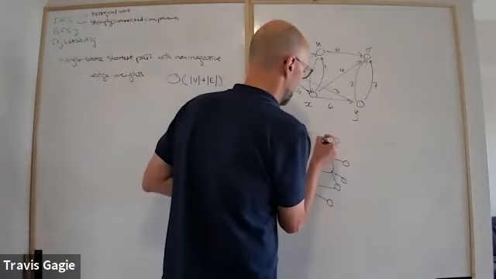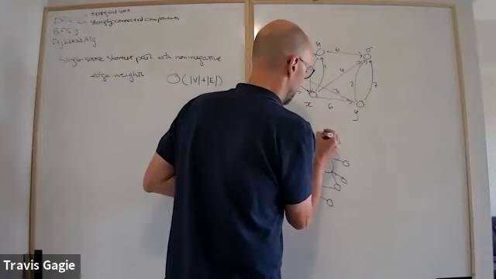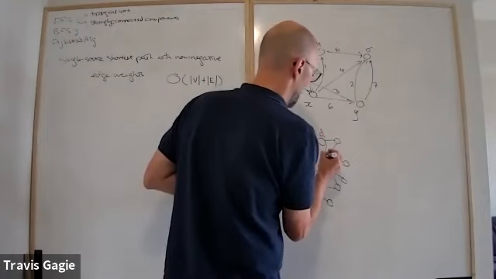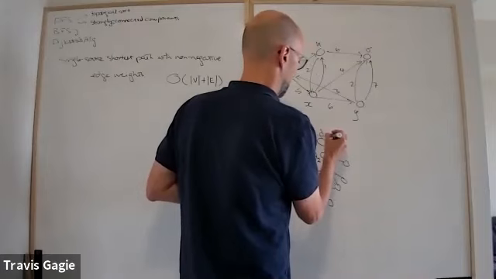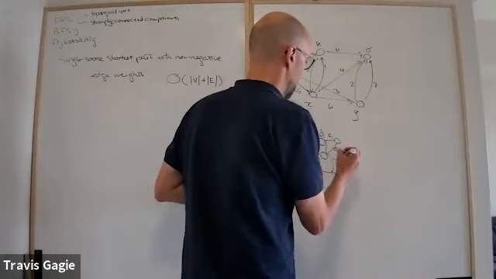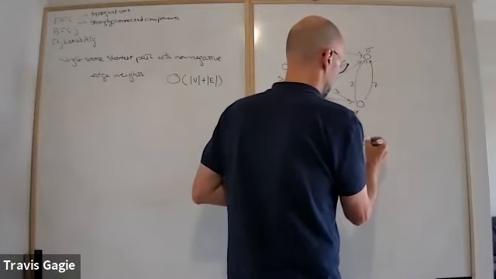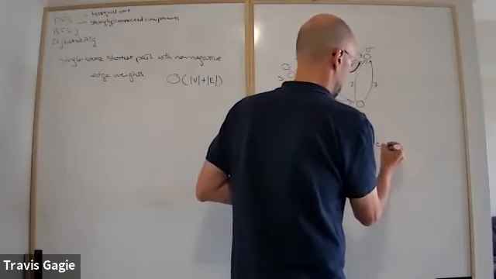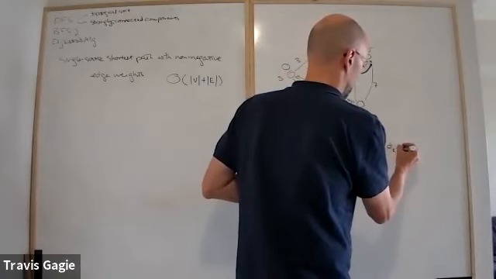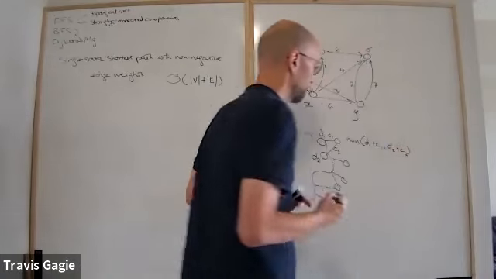If you can get to this with distance d1, and this with distance d2, and the edge costs are c1 and c2, then this will be labeled with the min of d1 plus c1, d2 plus c2.